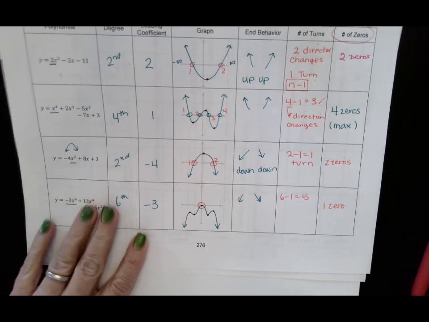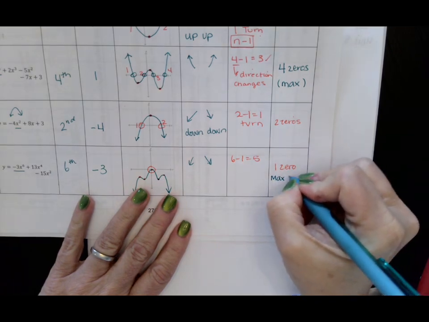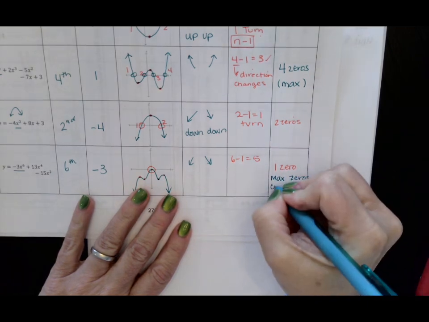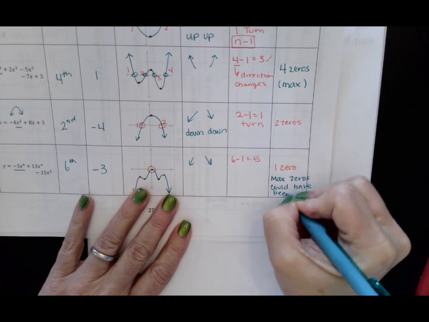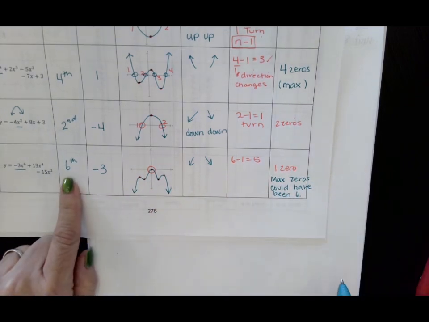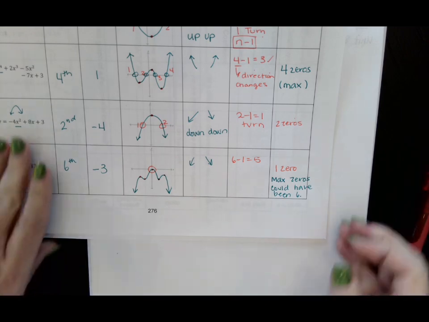Now, I'm going to make a little note right here. My max zeros could have been 6. I could have had 6, but when I graphed it, I really only had 1. All right, so that's an important concept.